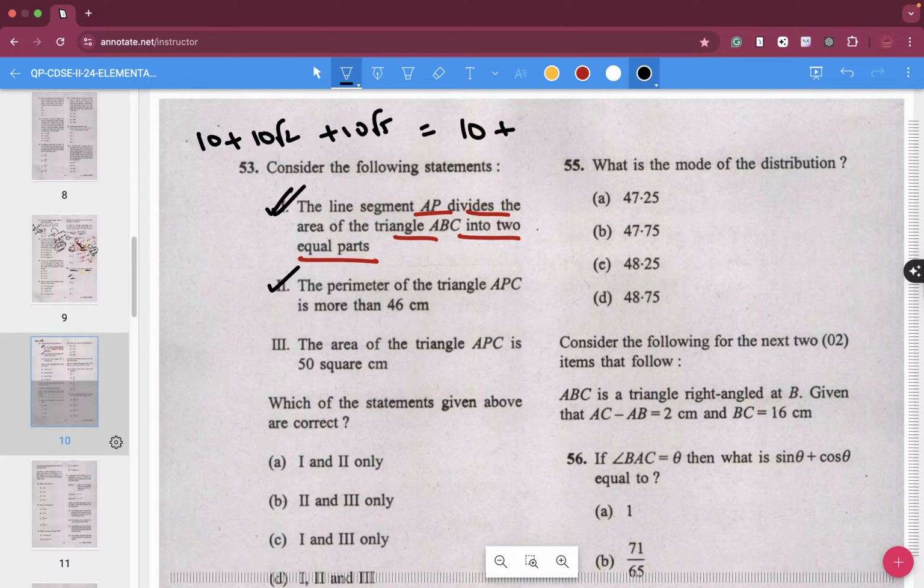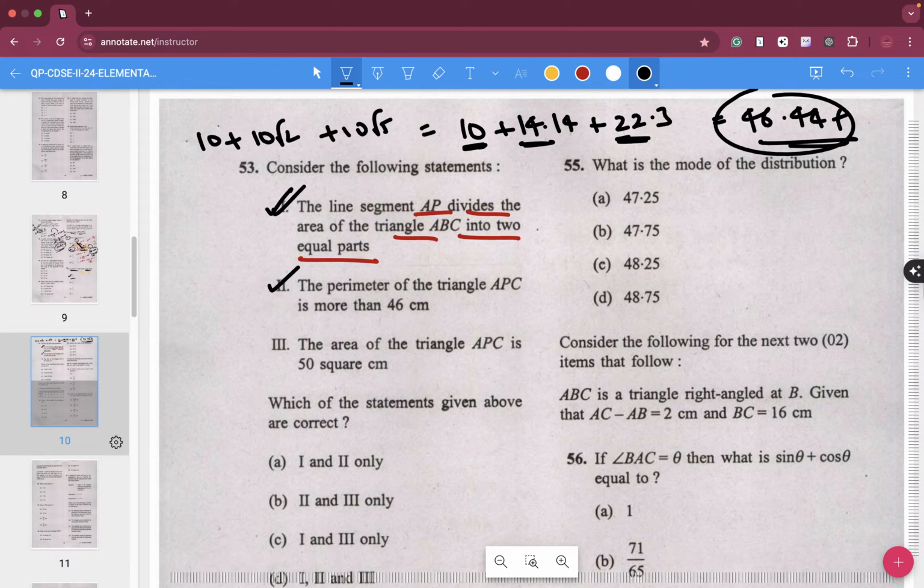So 10 plus 1.414 times 10, and root 5 value is 2.23, so that is 22.3, and 14.14. Now if you add this, it is 46.44. This is what they are saying, the perimeter of the triangle APC is more than 46 centimeter, which is correct.